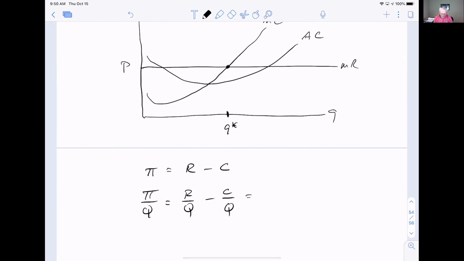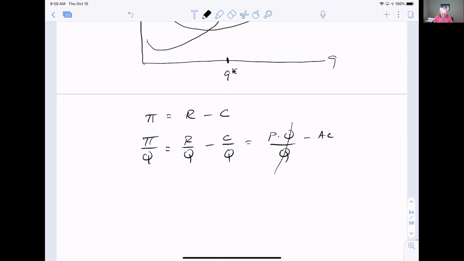But remember, revenues are equal to price times quantity. I divide that by quantity. What do I get? I get just price minus average cost. So my average profit is equal to price minus average cost.